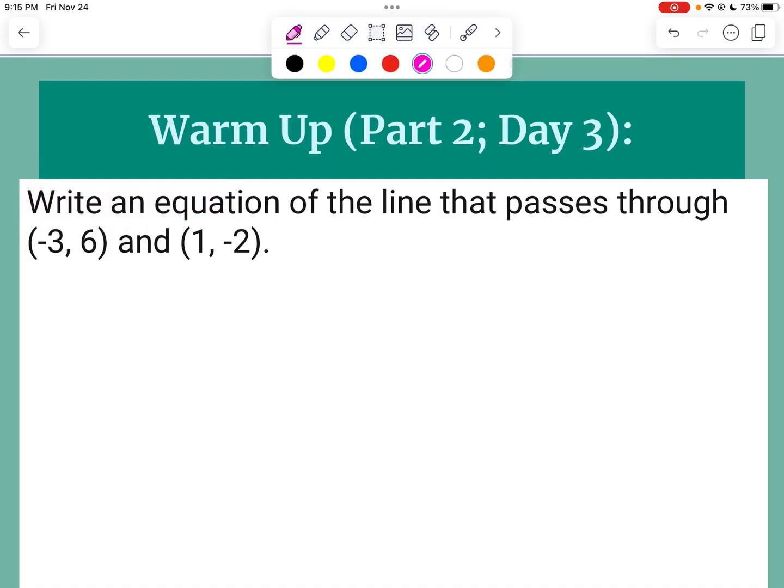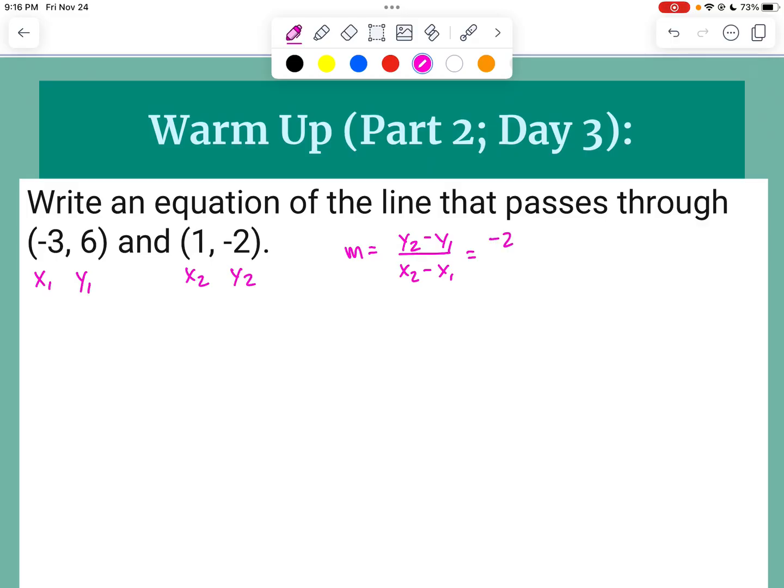All right, at this point we should be done. Let's go over the answer together. So the first step, hopefully you did this, x1, y1, x2, y2. Label your point. We need to know the slope for either form, so I'm going to find the slope using the formula y2 minus y1 over x2 minus x1.